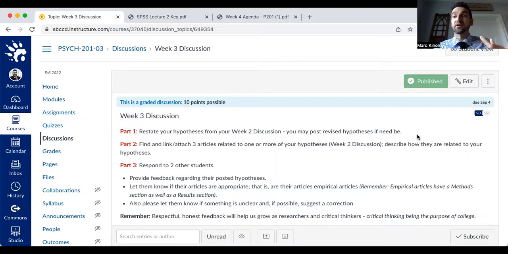Okay, and that would be one of your articles because it would be discussing that relationship between gender and support for same-sex marriage. Again, even though our study is personality and gay marriage attitudes, you do not have to use support for same-sex marriage as one of your variables.